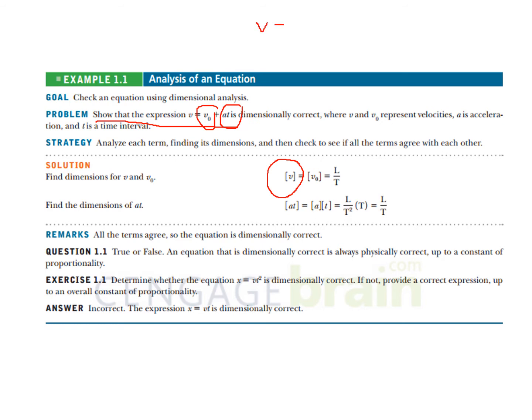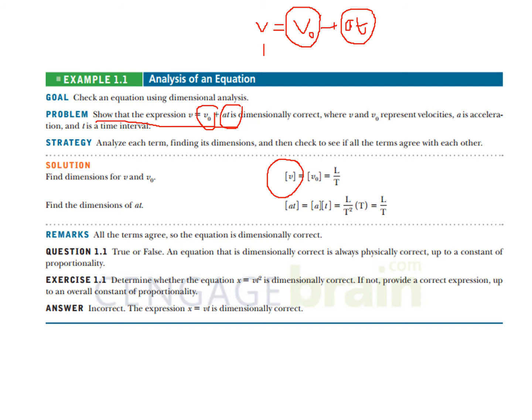So v equals v naught plus a times t. If you want to check the dimensional analysis, the left-hand side should be equal to every term on the right side. So v naught is one term and at is also considered one term. Everything on the right side should be equal to the term on the left side.